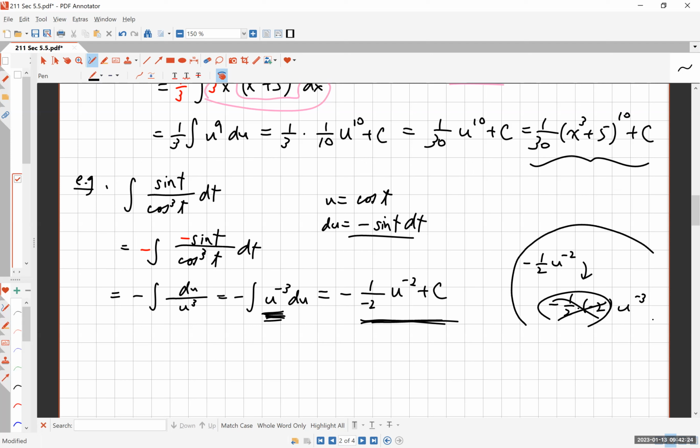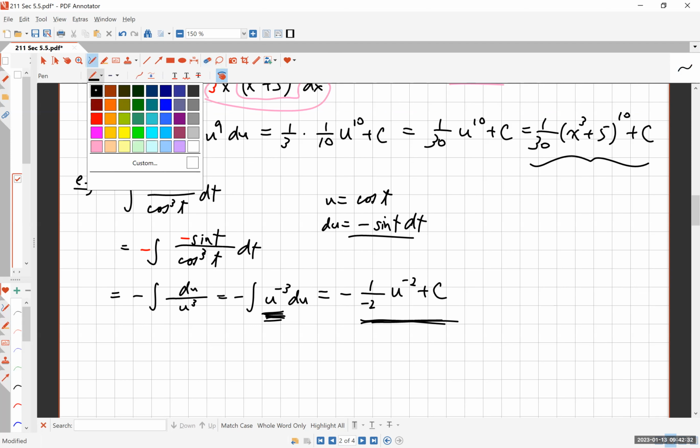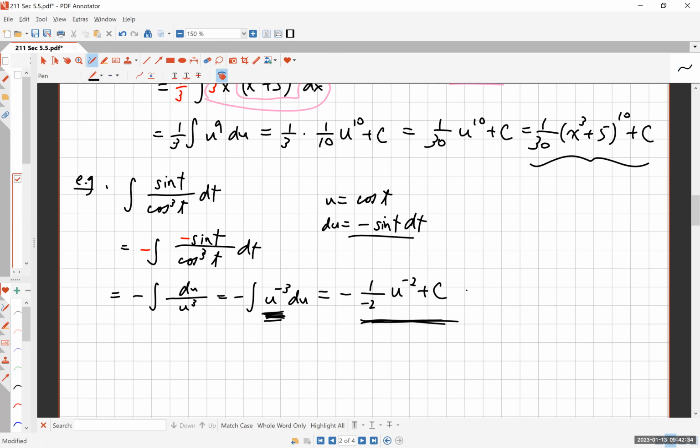So I know that I am okay. In fact, let me just go ahead and erase everything here, because this is just my work to be checking myself. So I can rewrite this as 1/2, and u to the negative 2 can be written this way in the denominator. So there's my answer.